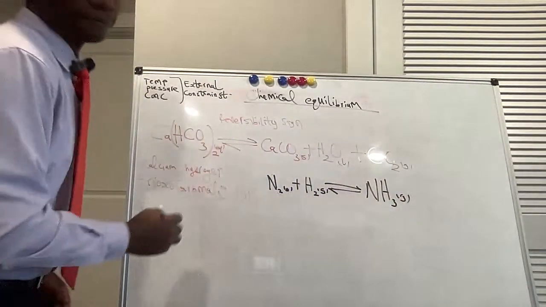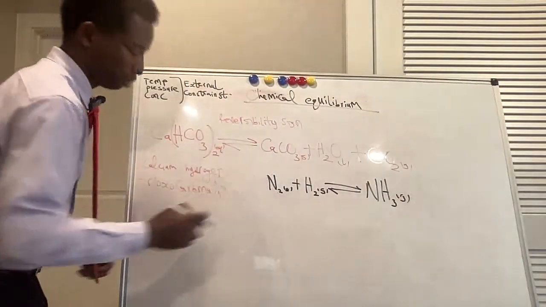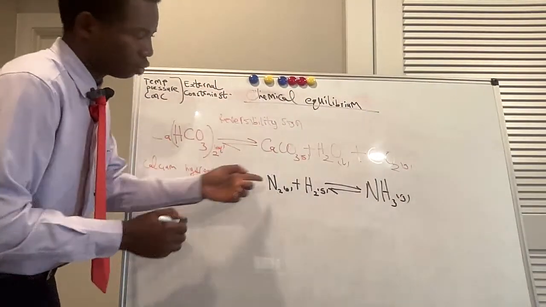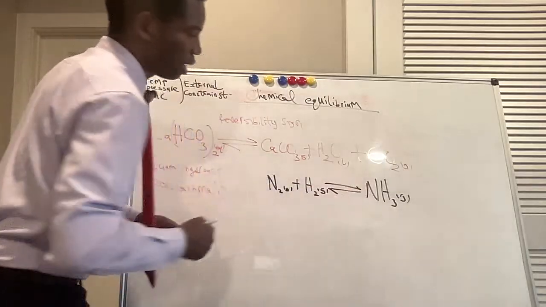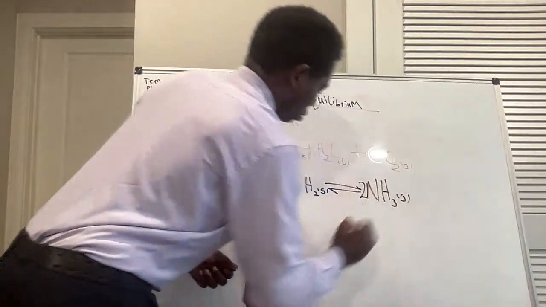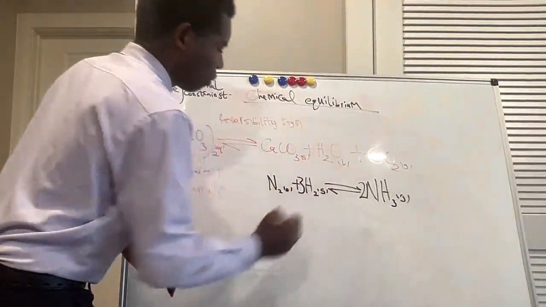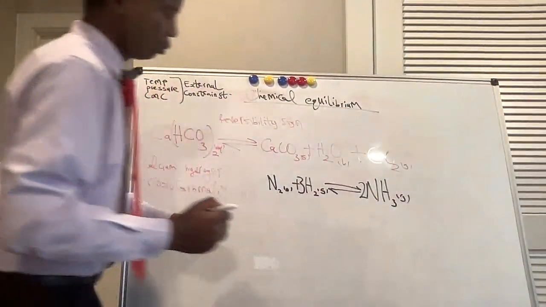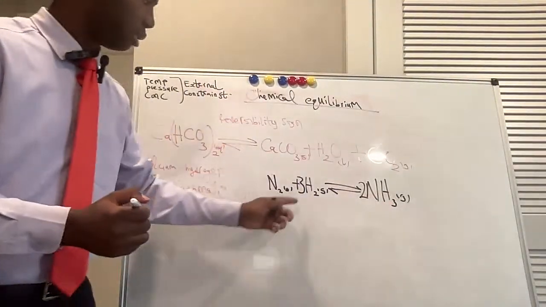Before we proceed, how many atoms of nitrogen do we have on our left hand side? We have 2, so we have 1 on the right. So let's make nitrogen 2 here, and let's balance hydrogen so our reaction is balanced. 2 nitrogen, 2 nitrogen, 6 hydrogen, 6 hydrogen.